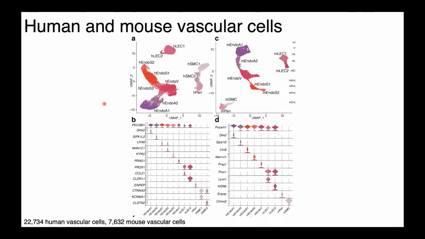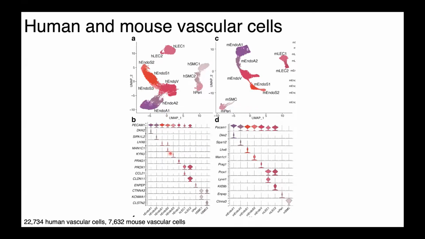align with previous publications on vascular cell heterogeneity, not necessarily in adipose tissue, but in general. So in the vascular cells, we were able to identify stalk, venule, and arterial cells, as well as smooth muscle cells, pericytes, and lymphatic endothelial cells. We were able to identify them in the human and in the mouse.